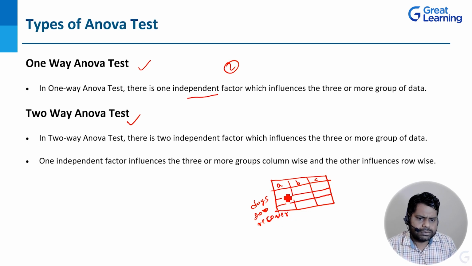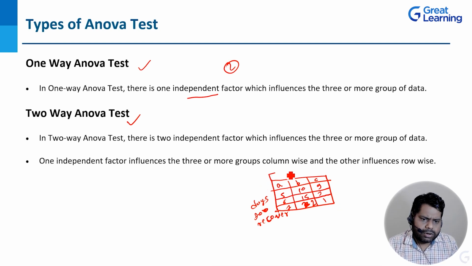Let's say if medicine A is taken, 5 days, some patient took 6 days, some patient took 7 days. Similarly, for B, this took 10, this took 15, and this took 2 days. Similarly, for C, let's say 9 days, 7 days, and 1 day to recover.